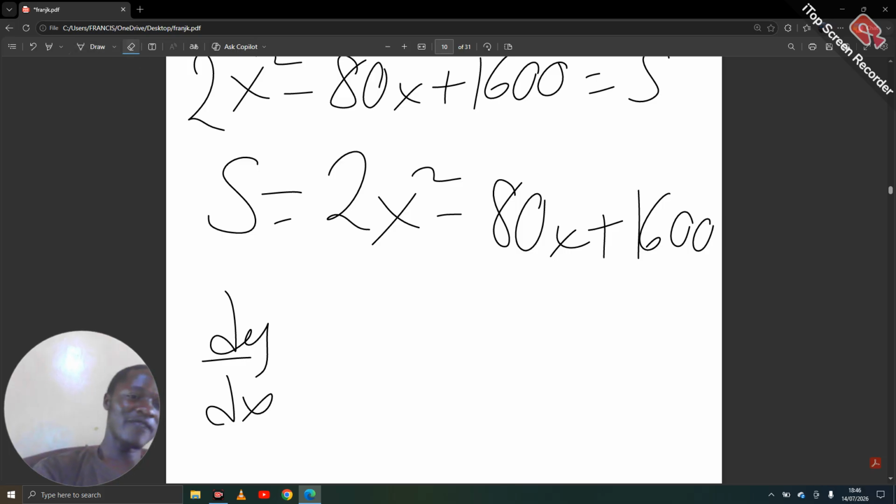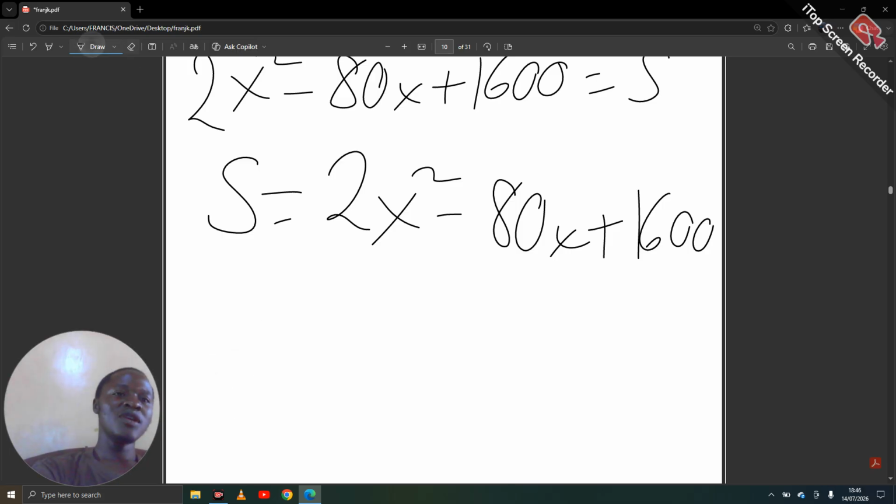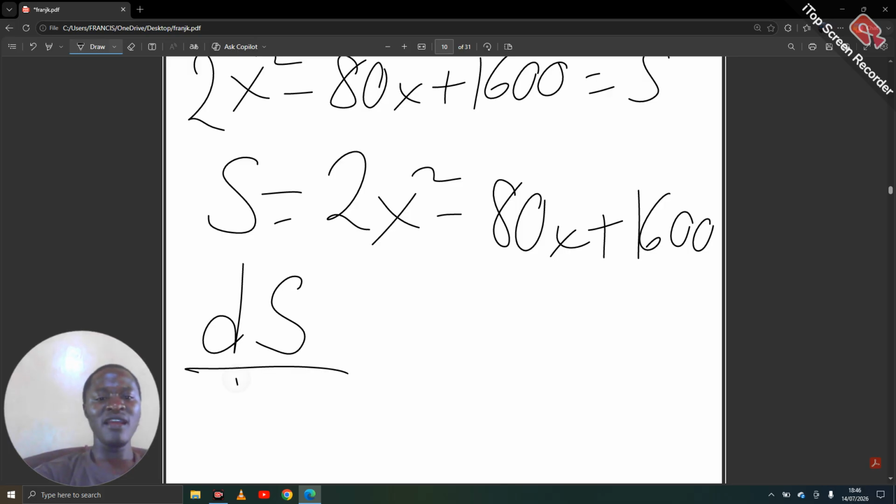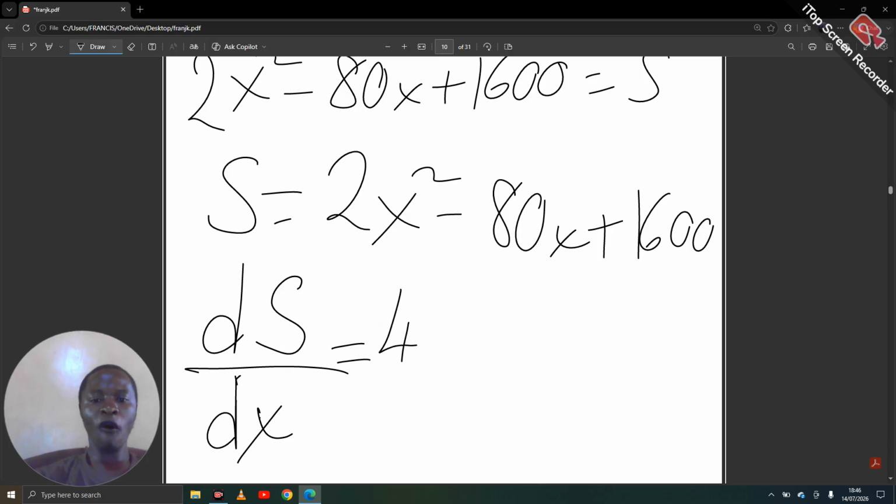So for you to differentiate this, we are differentiating the sum with respect to x. Now, upon differentiating this, we are having 4x minus 80. Remember, 1600 has no variable, so it disappears just like that.